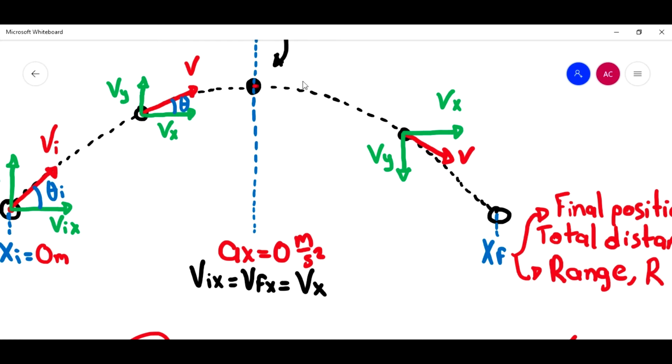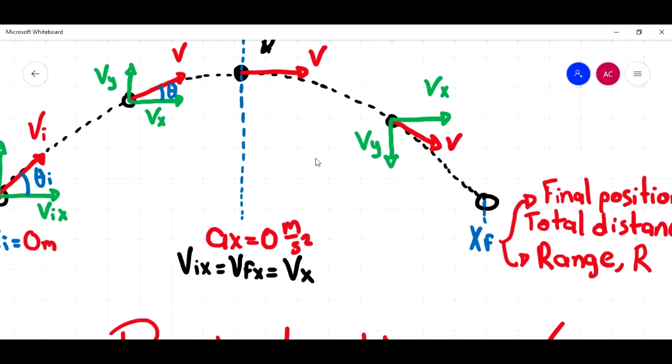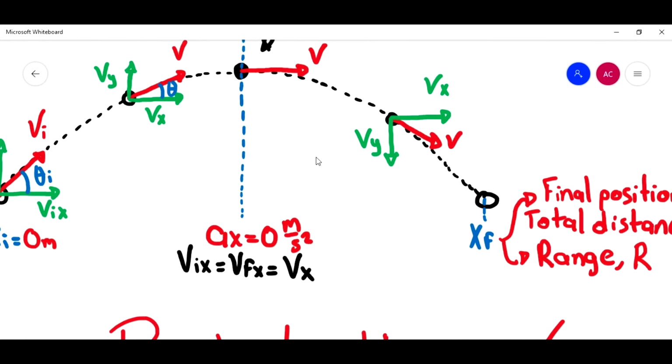Okay, so the vector goes something like that. That's the velocity vector. What is the angle? It's 0 degrees. So this could be considered as horizontal throw.